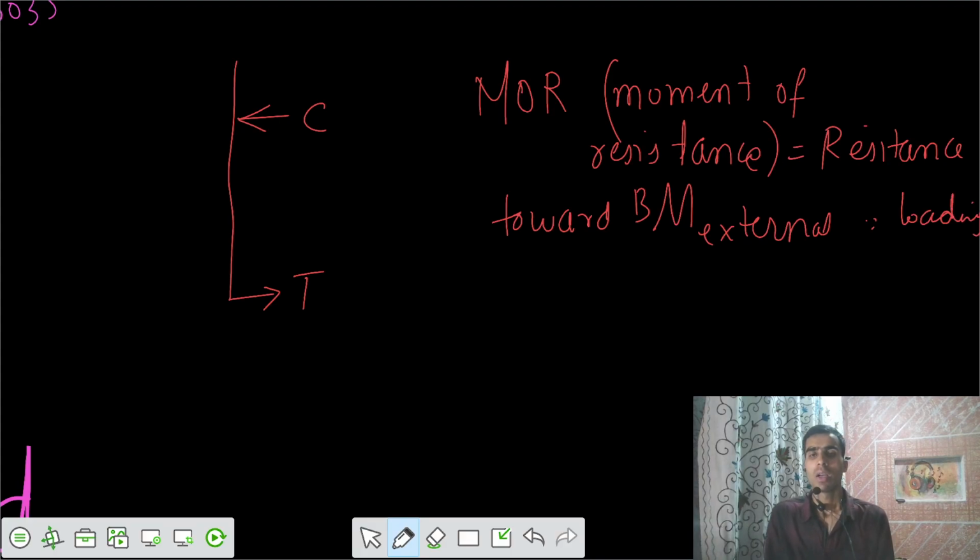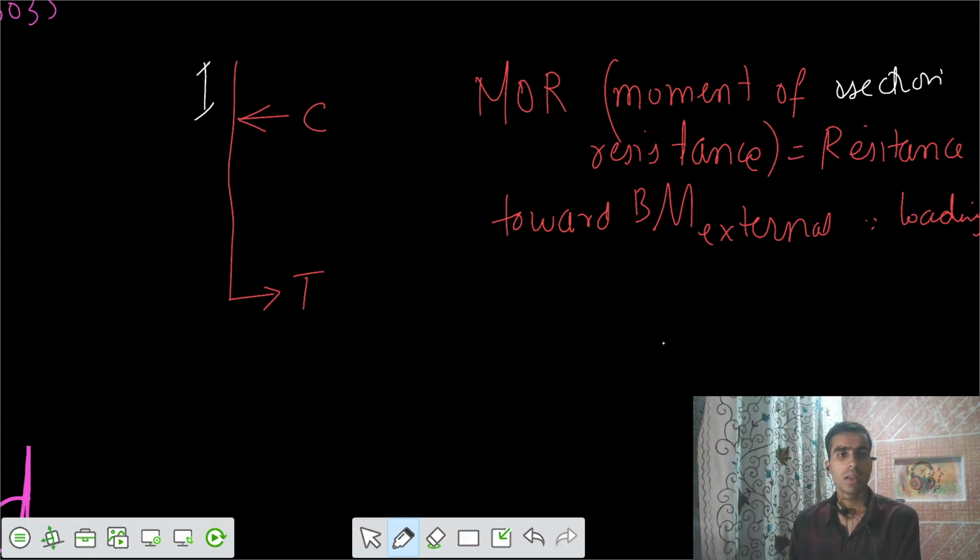We have that C and T acting at some eccentricity from each other that we call the lever arm, and finally that contributes to the moment of resistance of that particular section. And I would say from the top you had x bar equal to 0.42 xu, and there is some neutral axis somewhere here at a location of xu.